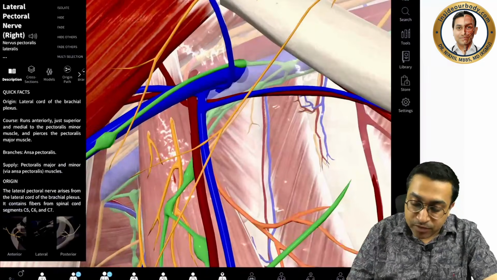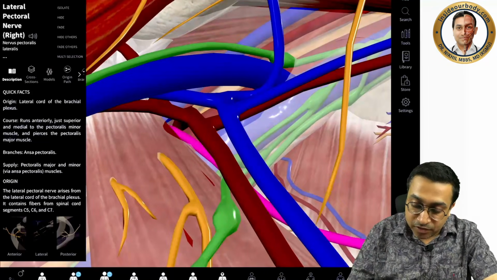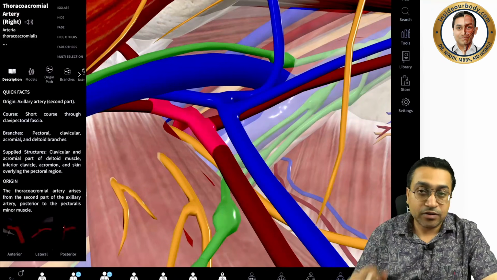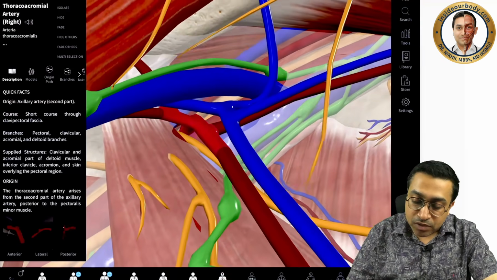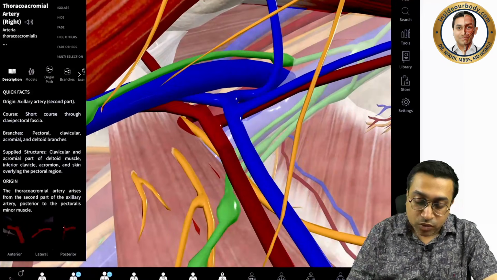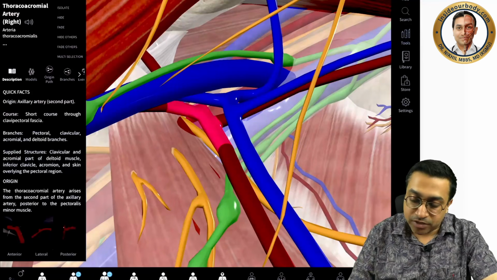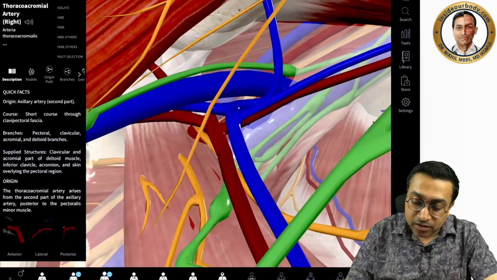The vein we have done, the nerve we have done. What is the artery? Let me show you this artery. This is the thoracoacromial artery, the same one we discussed in the axillary artery branches. It also has to come outside from the clavipectoral fascia and then give off its 4 branches which we have discussed. So artery, vein and nerve.